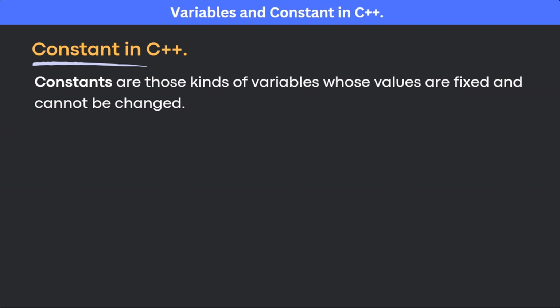Constants are those kind of variables whose values are fixed and cannot be changed. So far we have discussed variables, and we have learned that whatever value we store in a variable can be changed during the execution of the program, and we can update the value of that variable. But in case of a constant, we cannot change the value. Once we assign a particular value to a constant, it will remain fixed for the entire execution of the program.